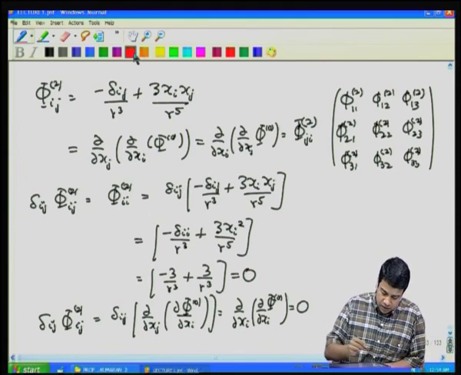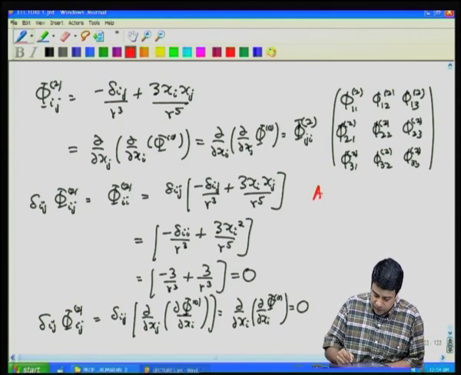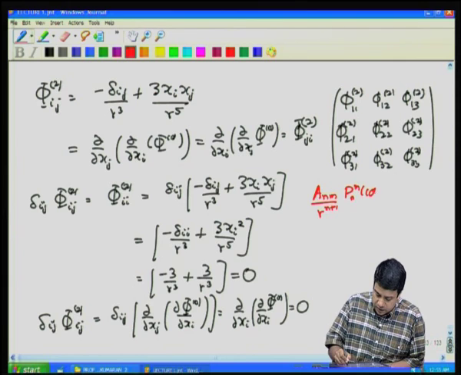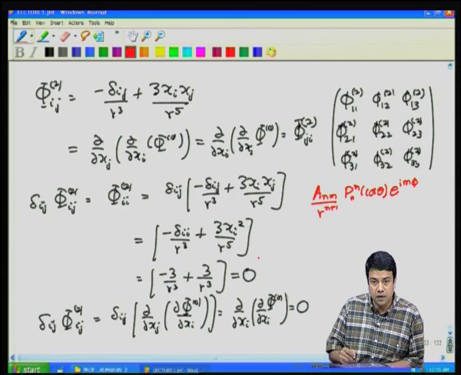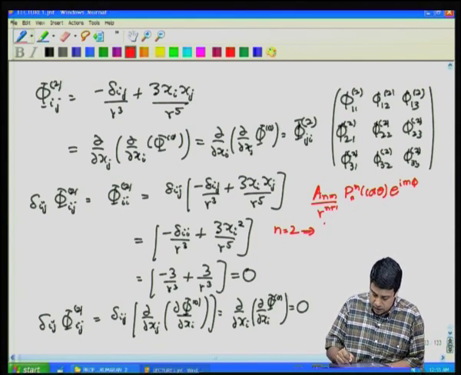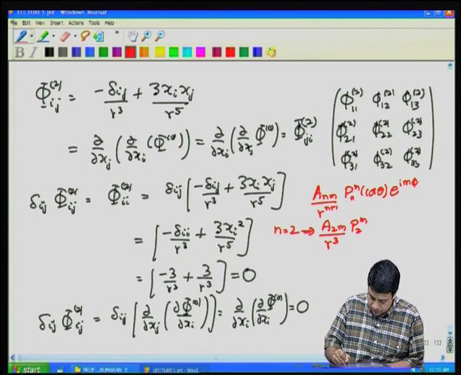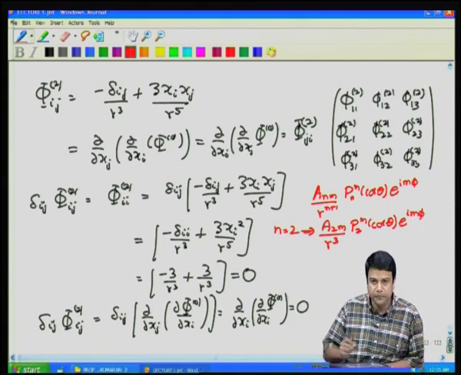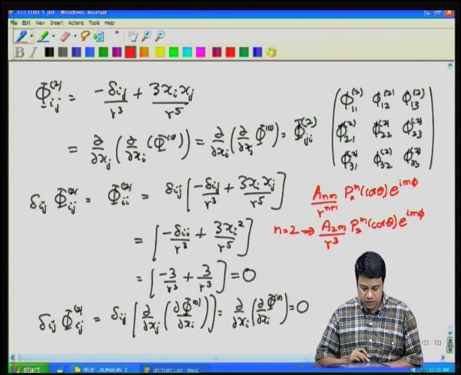And if you recall, the solution A nm by r power n plus 1, P n m of cos theta e power i m phi, for our spherical harmonic expansion. For n is equal to 2, this has A 2m by r cubed, P 2 m of cos theta, e power i m phi. It goes as 1 over r cubed.